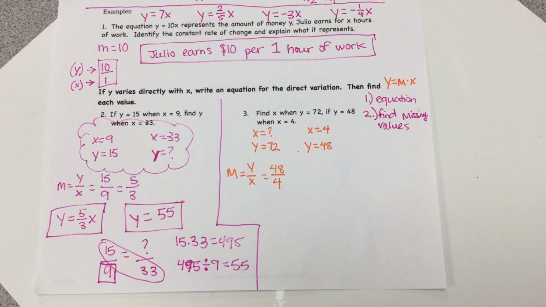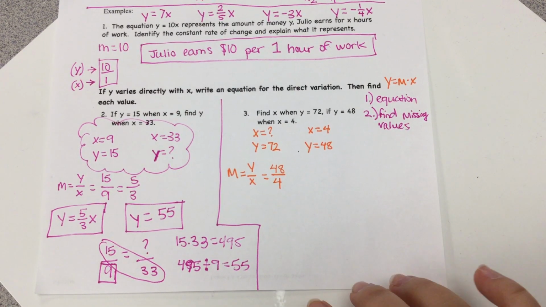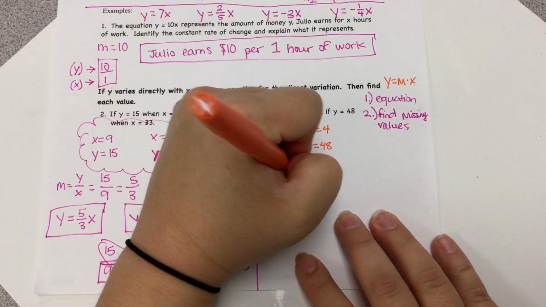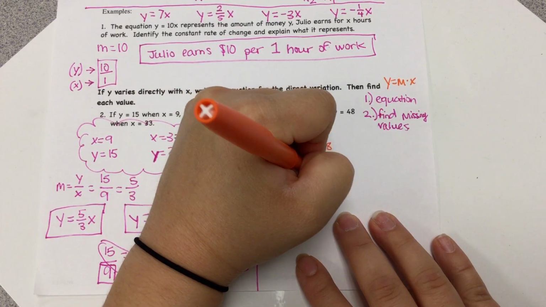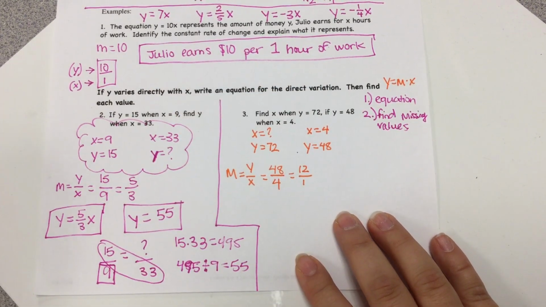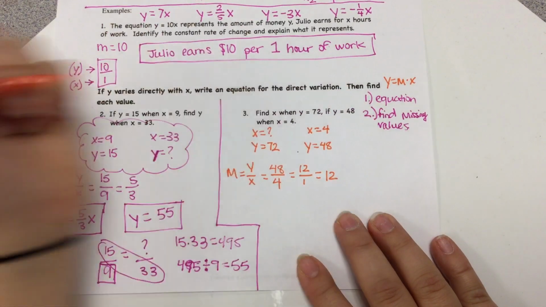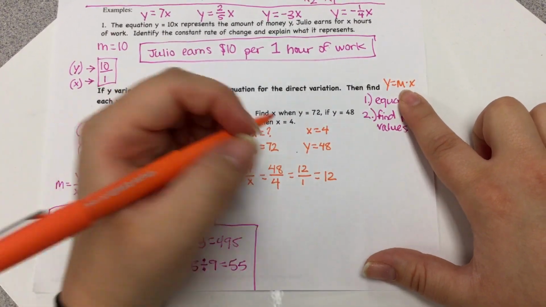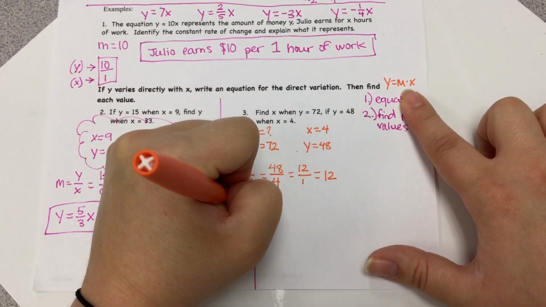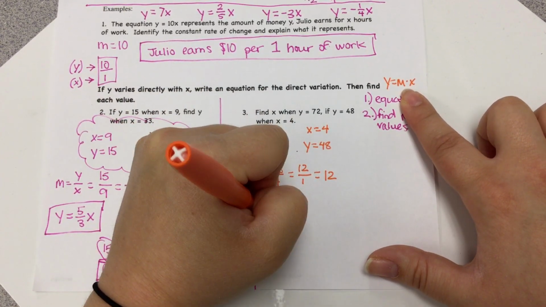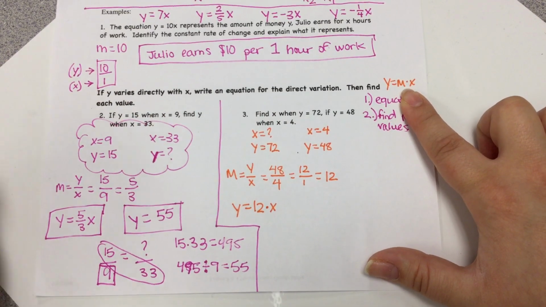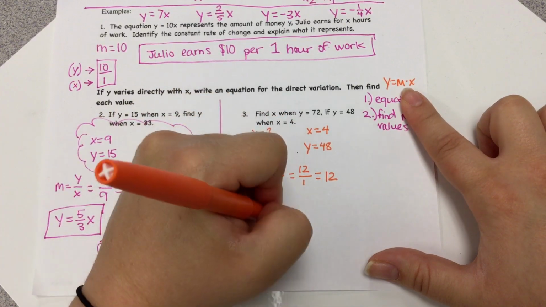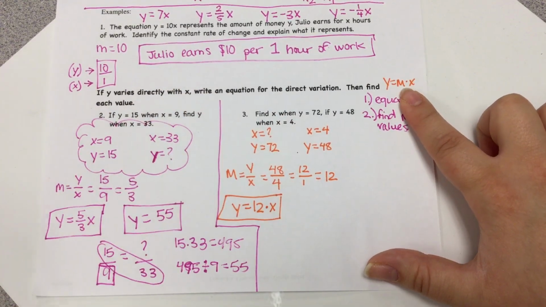Now I can simplify these because both numbers are divisible by 4. I'm going to have 12 on top and 1 on bottom, which simplifies down to 12. So now if I write my formula, y equals m times x, I can write it as y equals 12 times x. You could also write it in fraction form if that's helpful, but we do prefer it in simplified form.